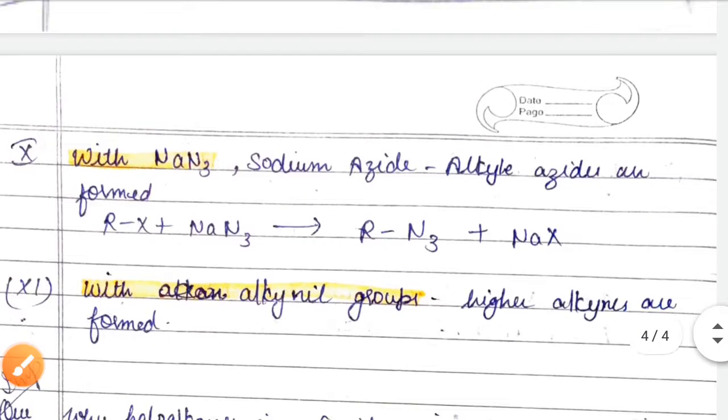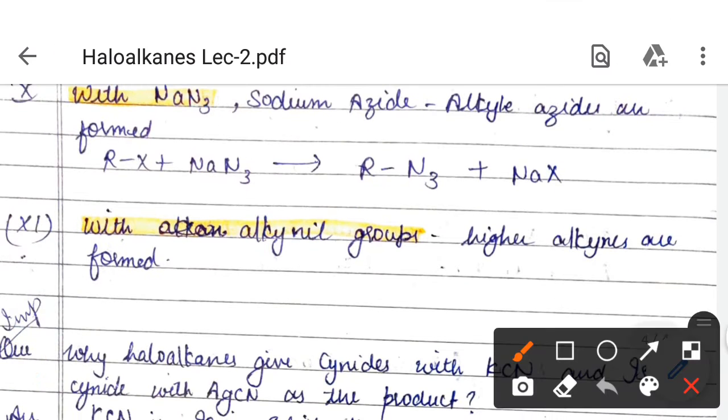So next, if we treat with sodium azide, then we will get RN3, that is alkyl azide. So with sodium azide alkyl halides give alkyl azides and sodium halide.